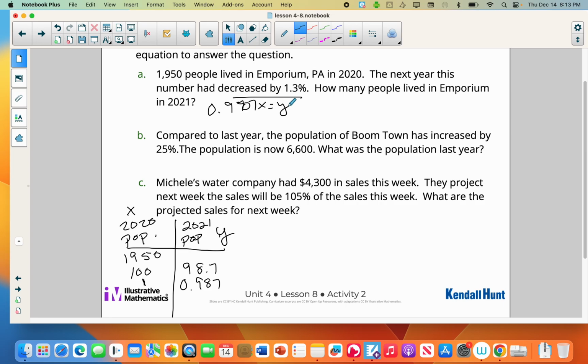So we're just going to plug that in. 0.987 times 1,950 is going to give me my y. And when you do that multiplication, you end up with 1,924.65. But I can't have part of a person, so we're going to round it up and say 1,925 people.